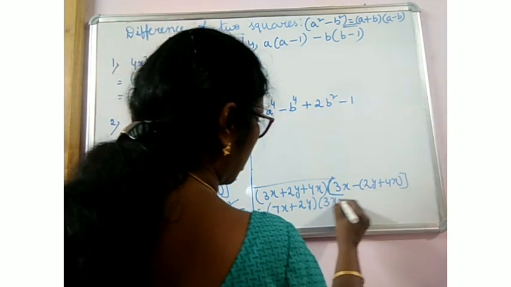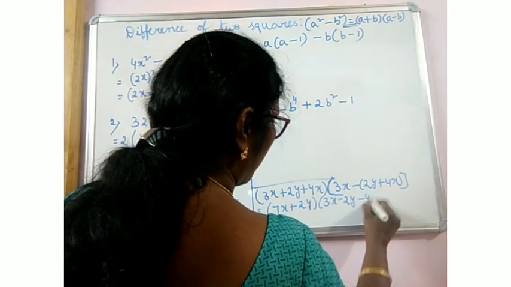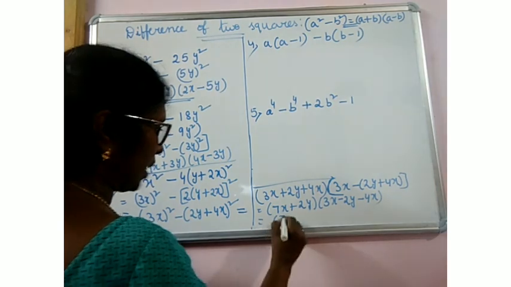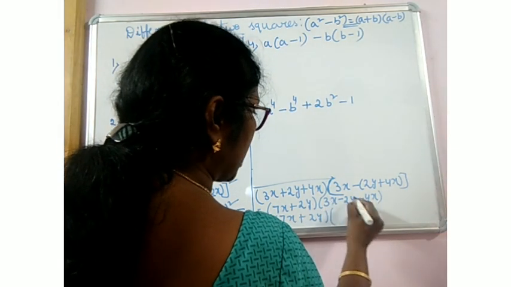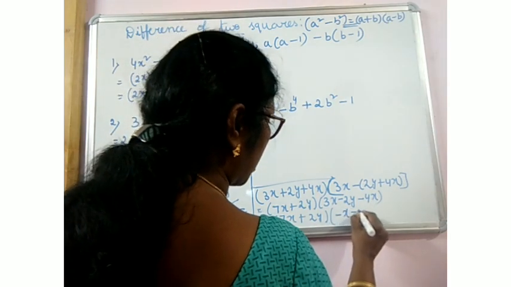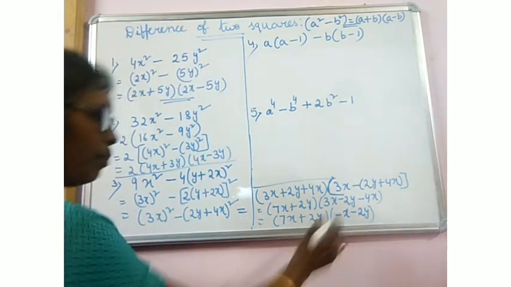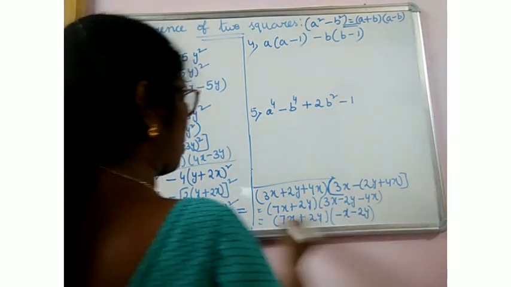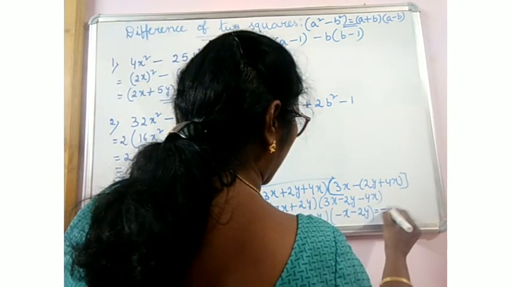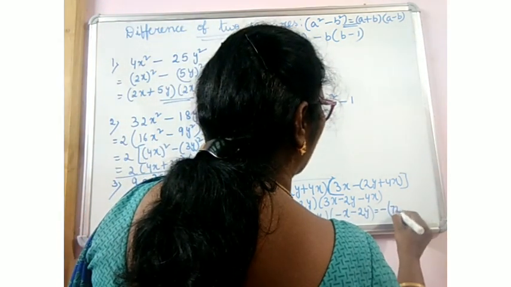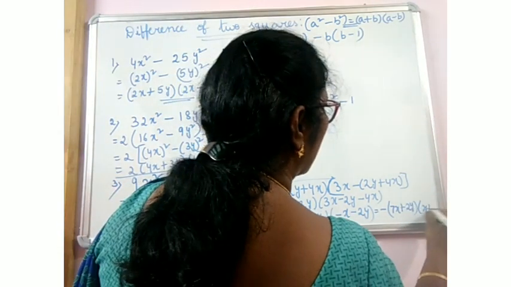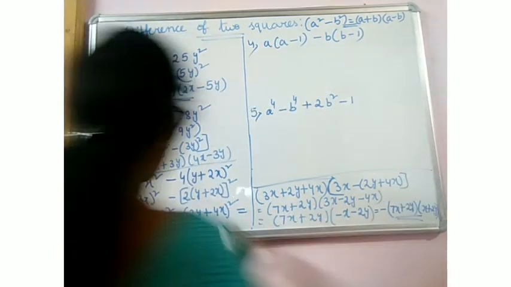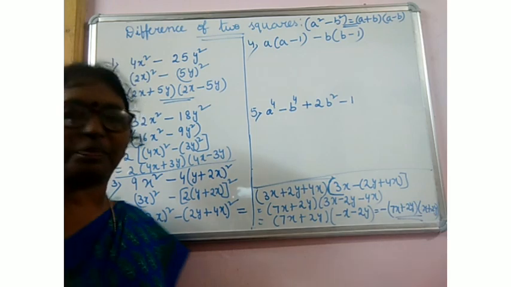And here 3x minus 2y minus 4x. You will get 7x plus 2y into 3x minus 4x, which is minus x minus 2y. Both are minus, so you can take minus common here and you will have minus 7x plus 2y into x plus 2y.